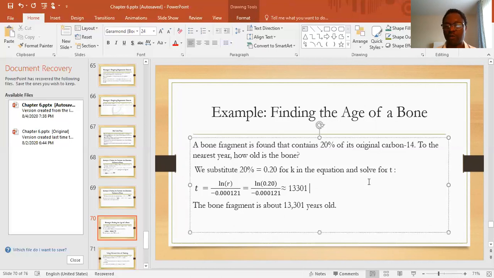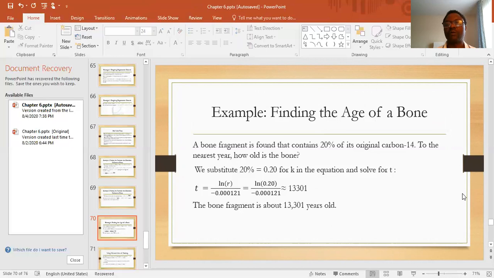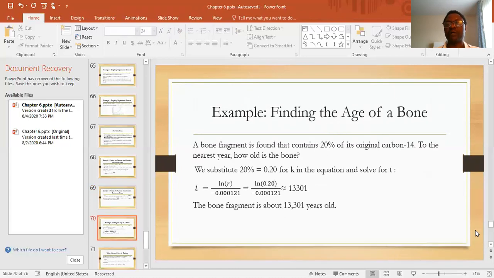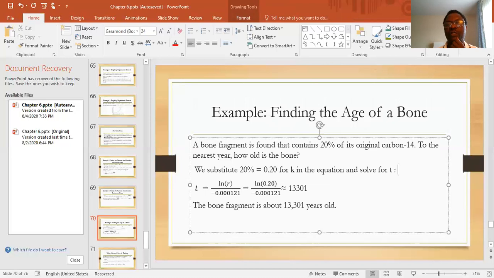We have the value of K here, negative 1.2097 times 10 to the minus 4. So we are solving the equation for a bone fragment that contains 20%.